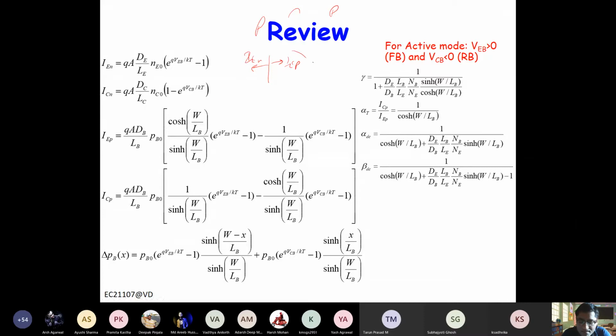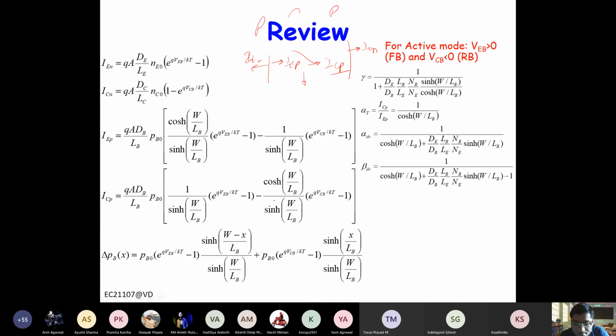Some part of this IEP is taken out as IB through recombination, but most of it goes out as ICP. Right? And then of course the base collector junction is reverse biased, so here also you have ICN, and this is ICP.